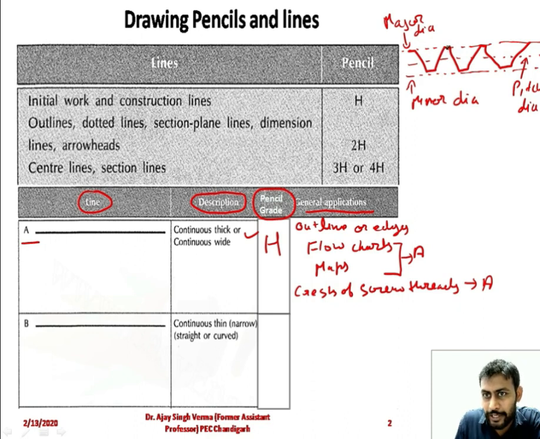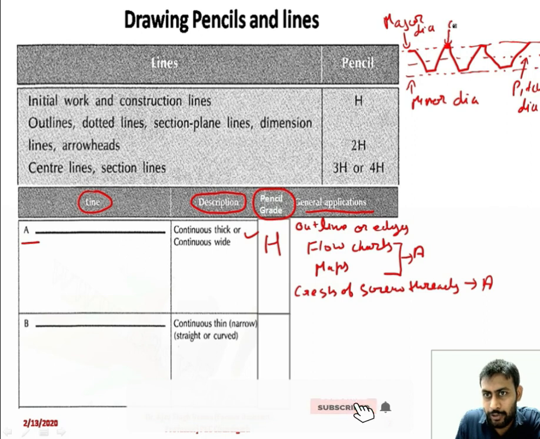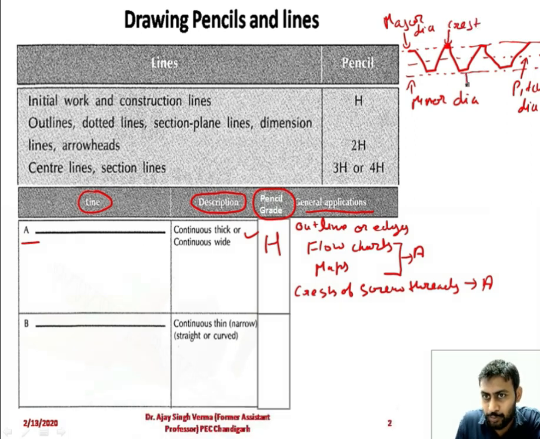At the top, you can see I am shading this; this represents the crest of a screw thread, and the bottom is known as the root of the screw thread. This crest is made with the type A line, a continuous thick line drawn with the H pencil. Clear?